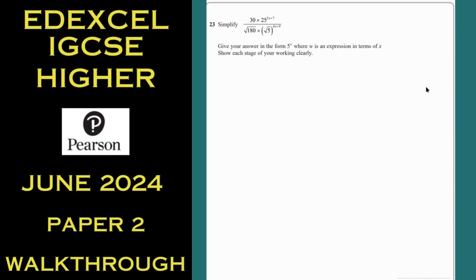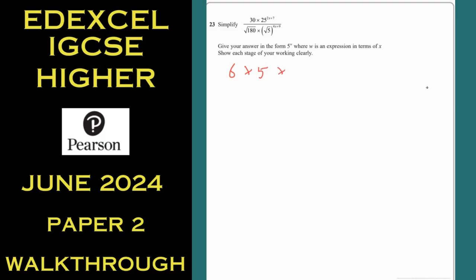But this one's not standard by any means. Work on the top, work on the bottom, try and do one thing at a time. What's the link? The number 5. They're all ish powers of 5. So let's replace 30 with 6 times 5.